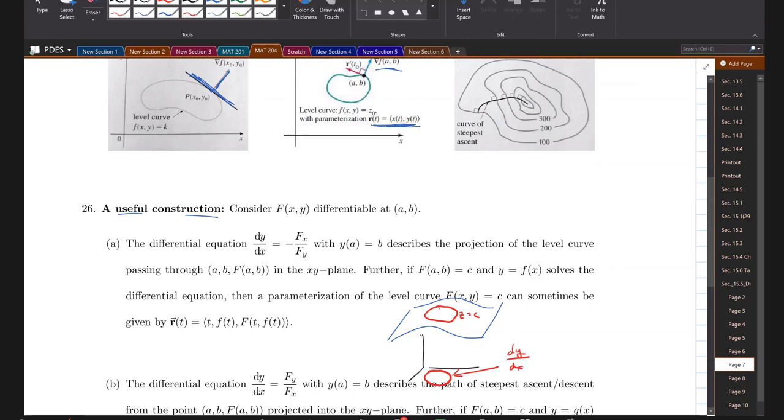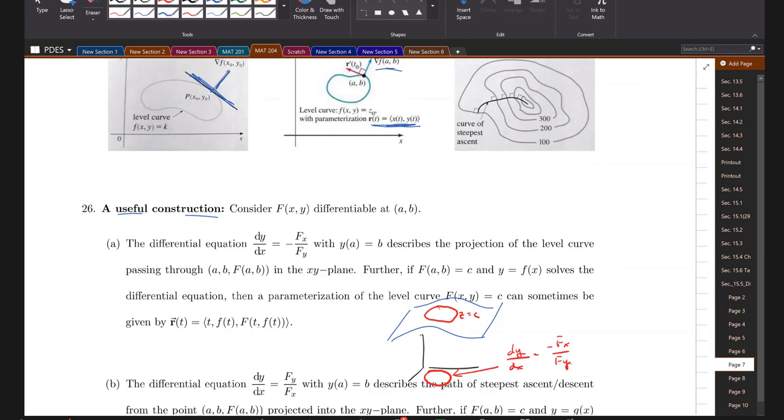dy/dx is equal to minus partial f partial x over partial f partial y. Okay. If you're interested in that, I'll just say come see me in office hours and I can show you how we got that. I was hoping to make a video for it that I could point you guys to, but I haven't had time to do that. Okay.